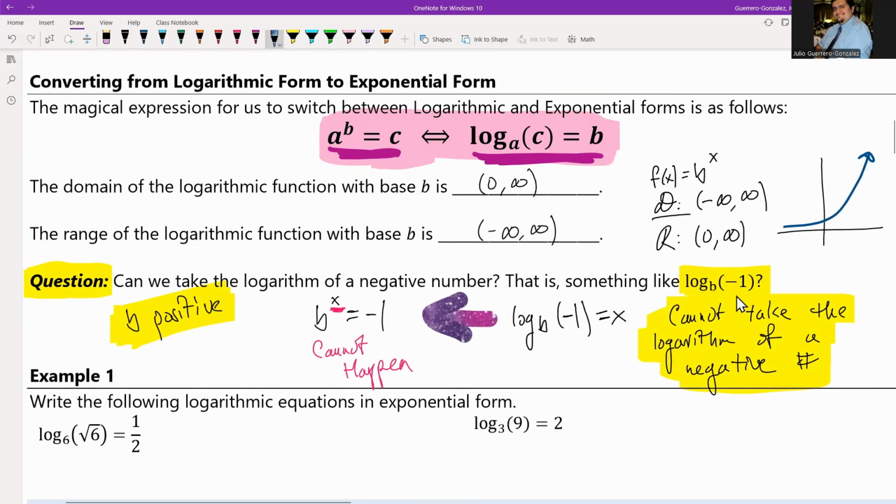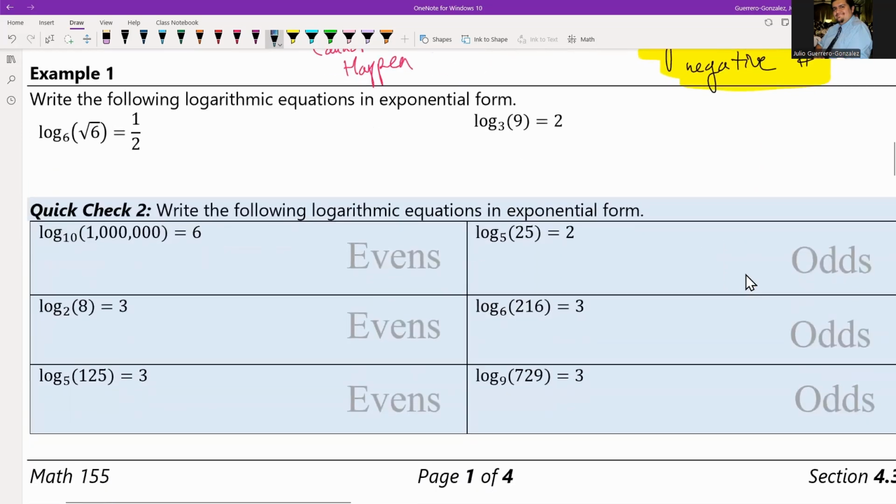So, let's scroll down real quick. I'm giving you guys the logarithmic versions, and I want you to turn them into the appropriate exponential forms. If you remember how this goes, this to that power is equal to that. So the appropriate way of writing this is 6 to the 1/2 is equal to the square root of 6.